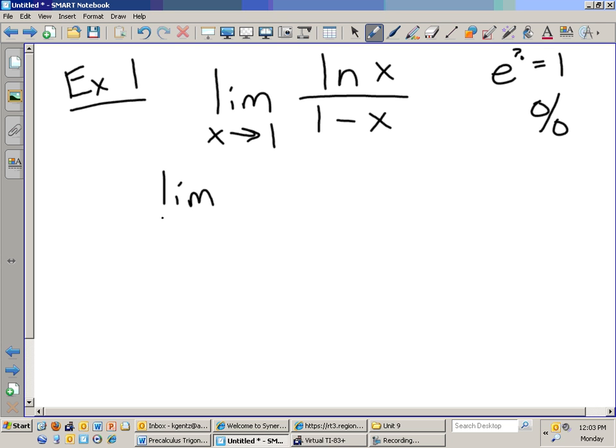Limit as x approaches 1 of, what's the derivative of natural log of x? And what is the derivative of 1 minus x? Negative 1.